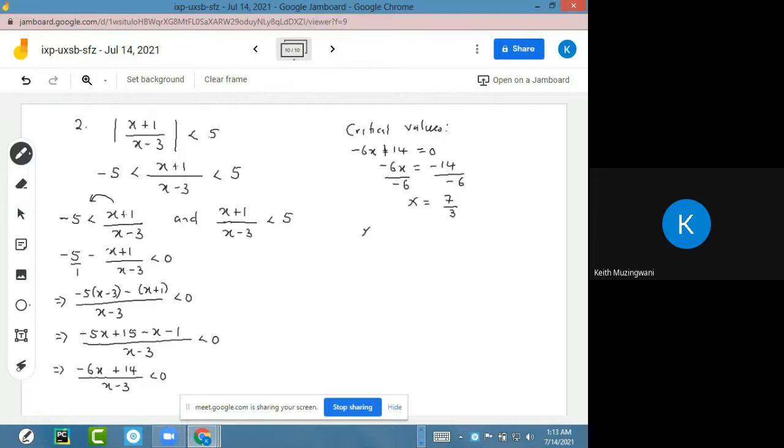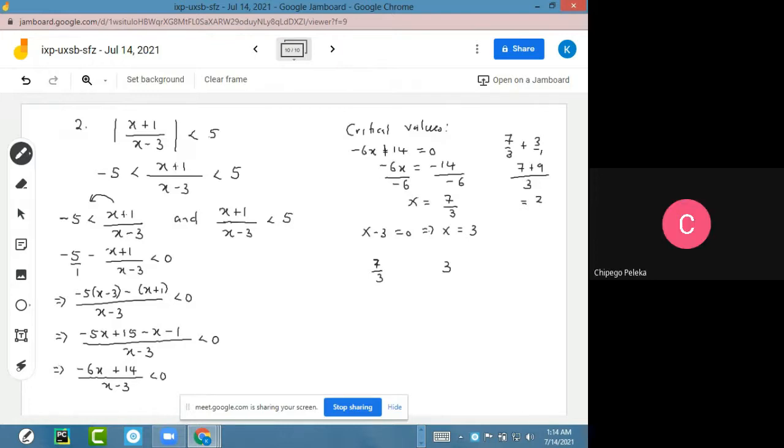And also x minus 3 is 0, giving us x is equal to 3. So 7 over 3 is 2 point something. So when we get the critical numbers, we have 7 over 3, we also have 3. We don't have any whole number in between these two numbers, so what we'll do is we'll add them.